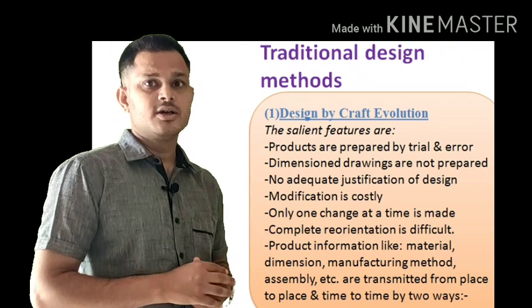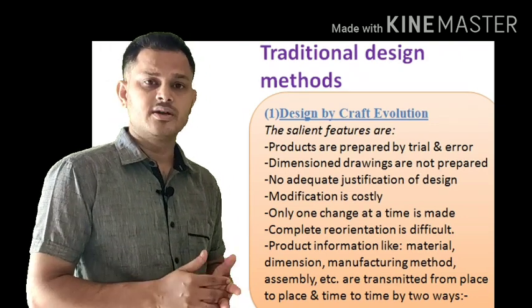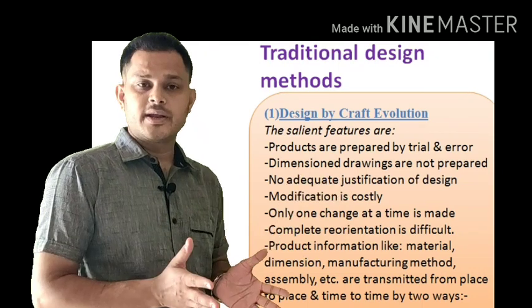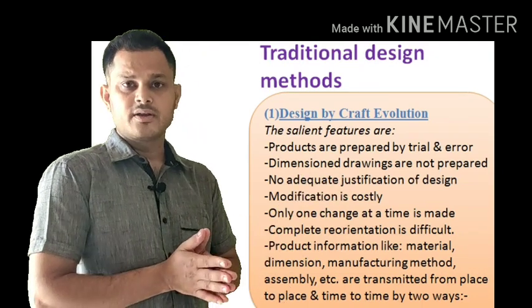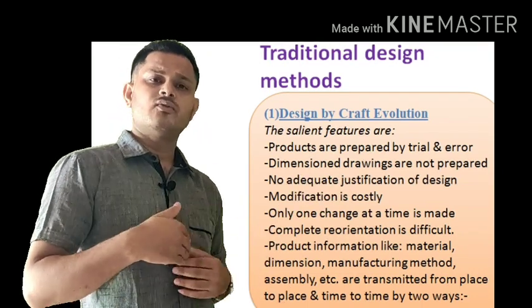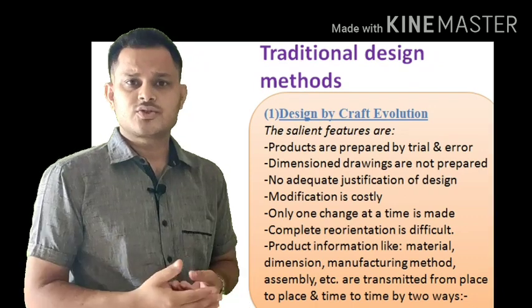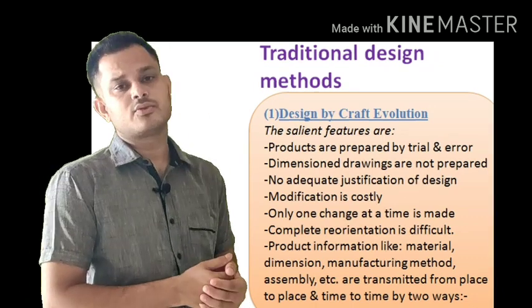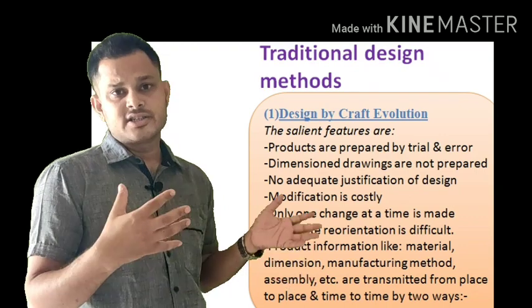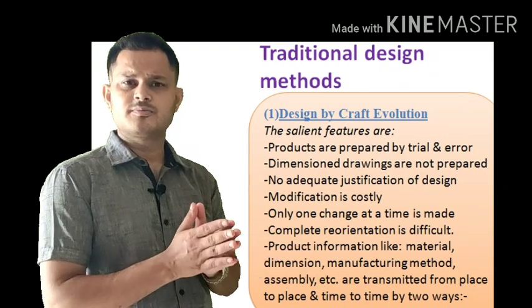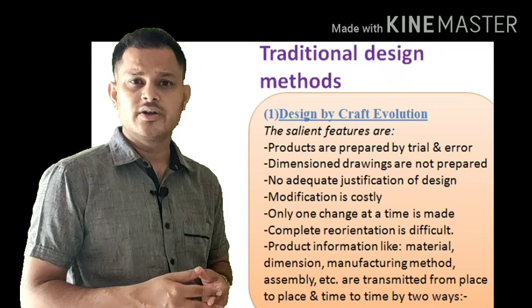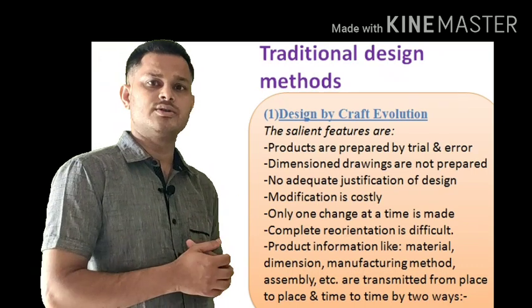The first way is the product itself as a source of information. Means at one place the product is made and used. When the product goes from one place to another, its information like material and other properties is transferred to different people. Means different people come to know about this.